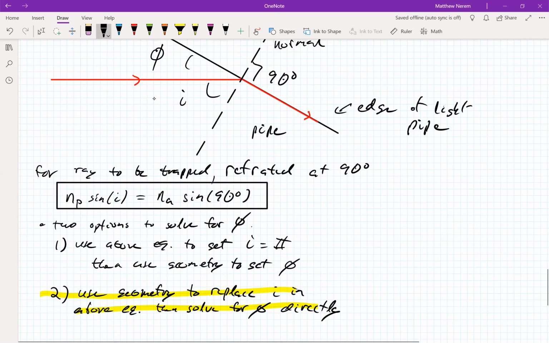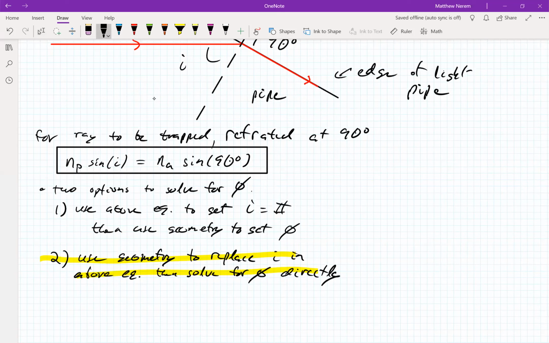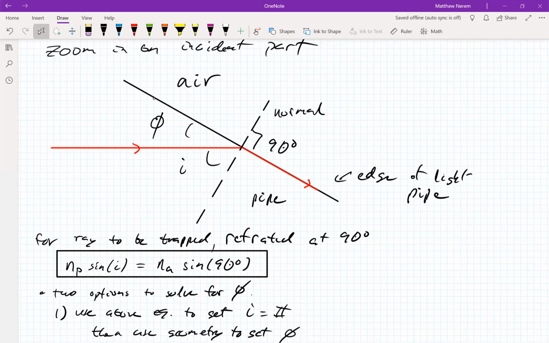So what do we need to do? We need to figure out how phi and I relate to each other, right? Hopefully it's pretty obvious. If phi is this trajectory, I is measured with respect to the normal. I'll use orange to highlight it.